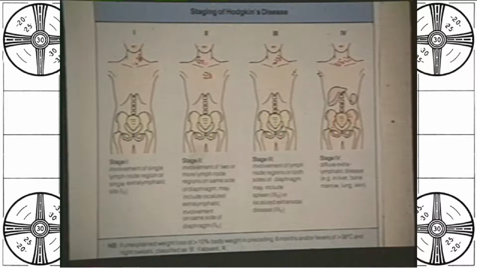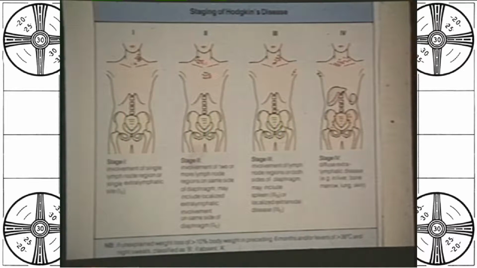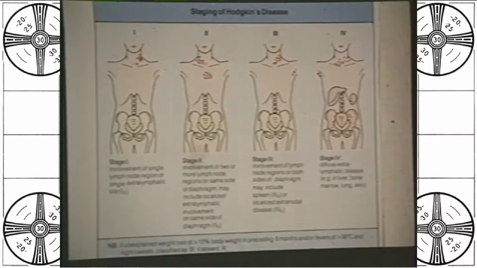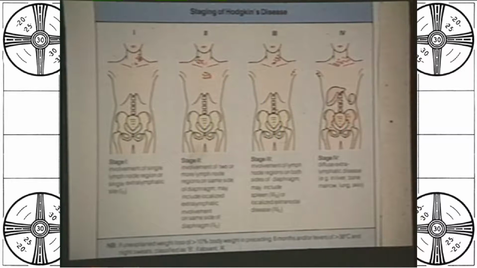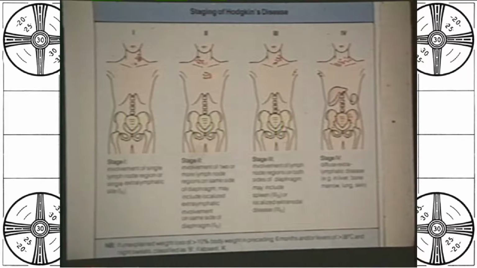Yeah, I heard something that sounds correct. What was that? 2E. 2E, exactly. Because you have a group of lymph glands and another site of disease, it's 2E. That's the toughest that you can get, okay? So it's very straightforward and very practical, as you will see.